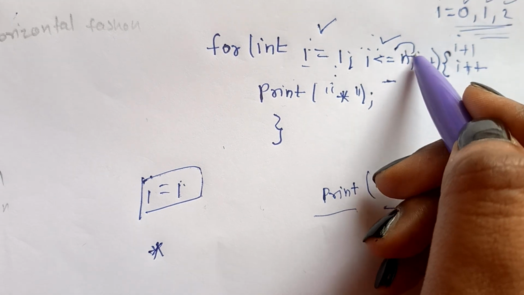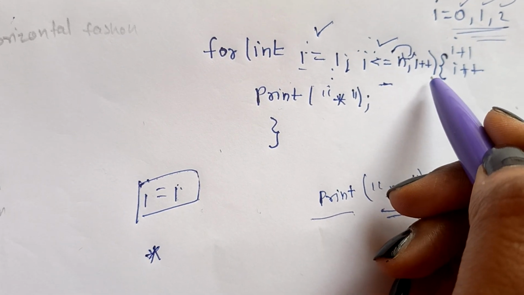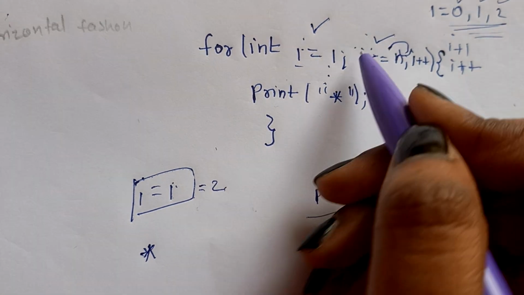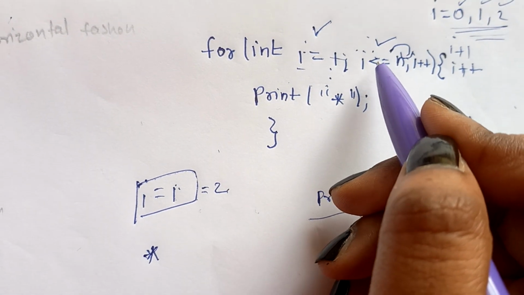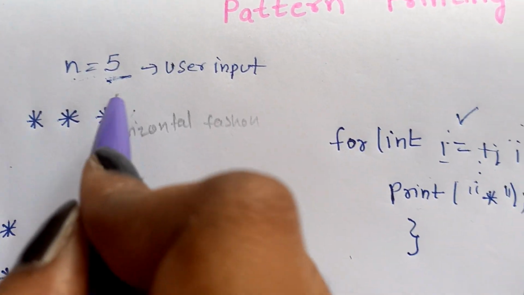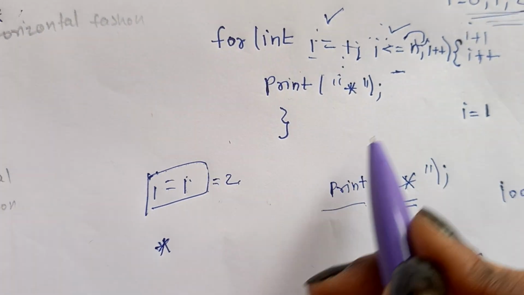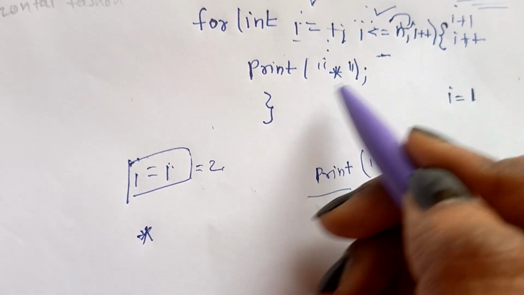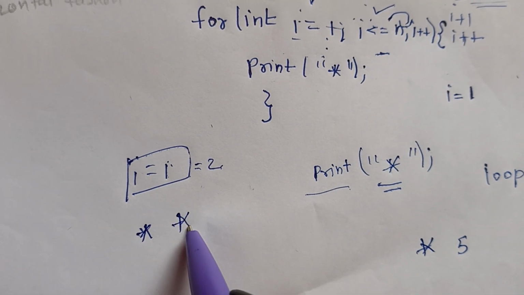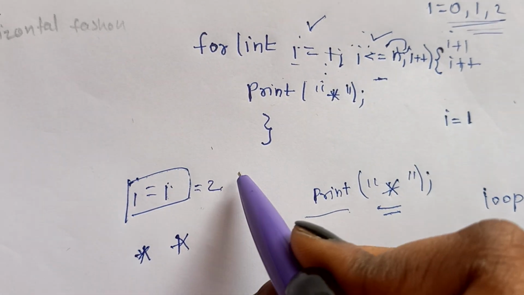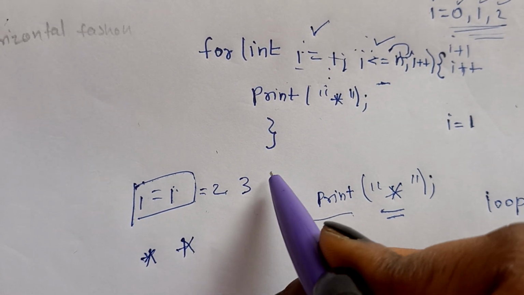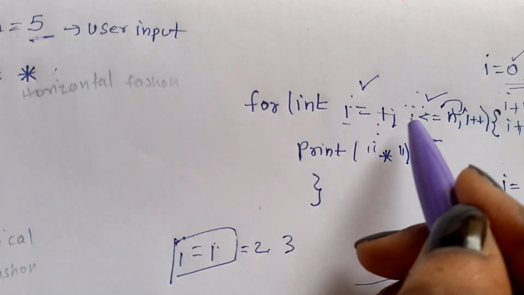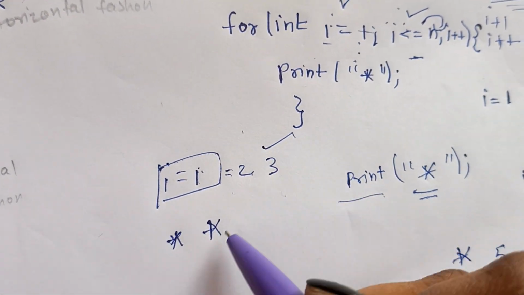Then next I plus plus means I becomes 2. Is 2 less than or equal to 5? Yes, it is true, so it prints. Now I is 3. Is it less than or equal to n, which is 5? Yes, true, so it prints.